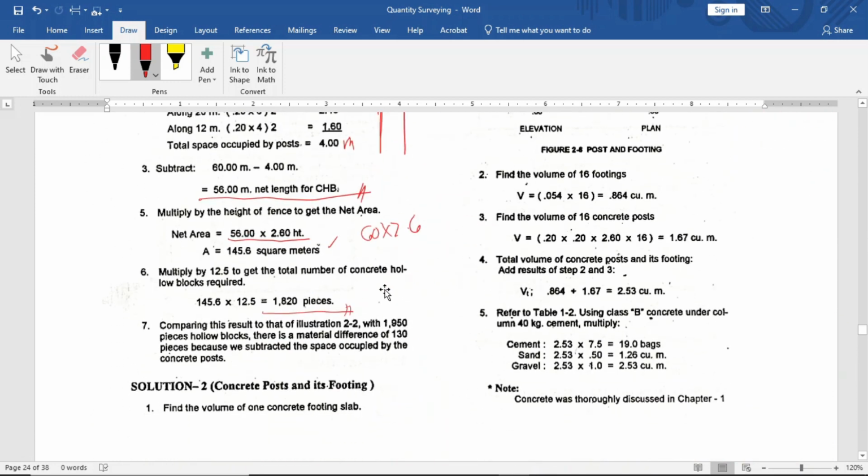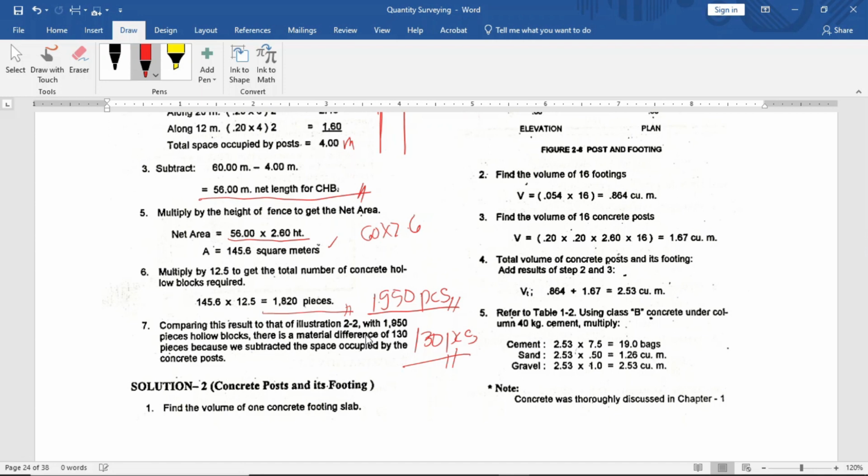So, kung 1,950 pieces to, hindi natin consider na may columns. Ito naman, consider natin na may columns. So, malaking difference rin yung pag hindi natin consider ang column, kasi nasa 130 pieces yung na-save natin.